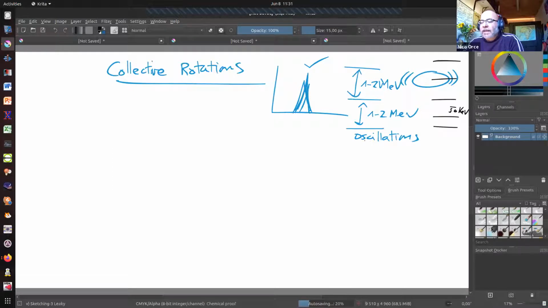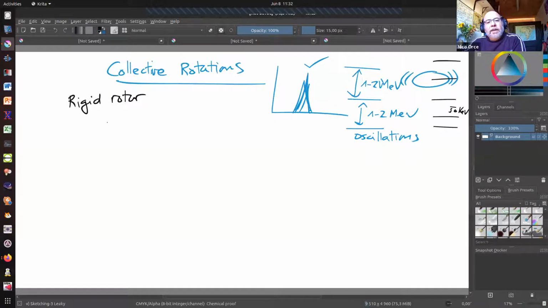So the nucleus needs less energy to rotate than it needs to vibrate. And how do we know this? We're going to explain it right now, because let's assume a rigid rotor.